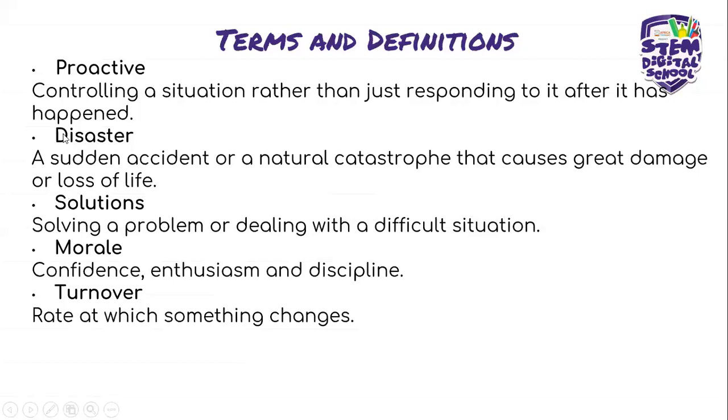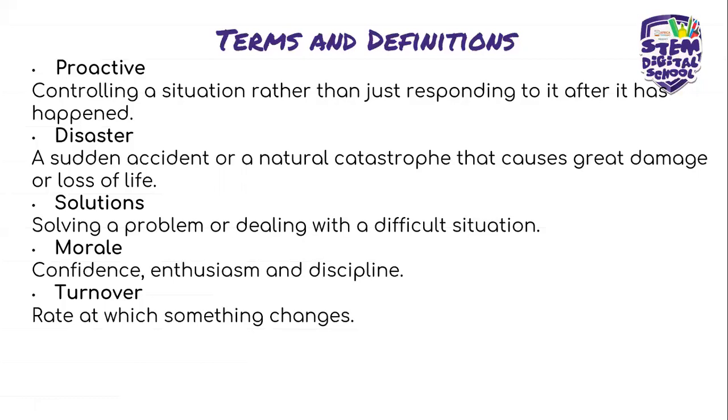And then another thing, a disaster. We know, guys, what is a disaster from natural disasters. I know you have dealt with natural disasters in social sciences in primary, so you know the word disaster, that it's an accident or natural catastrophe that causes great damage or loss of life. We know that you've got tsunami, or you can have any disaster, not even natural disasters only, but they can be any other disasters, basically, where it's just a sudden accident.